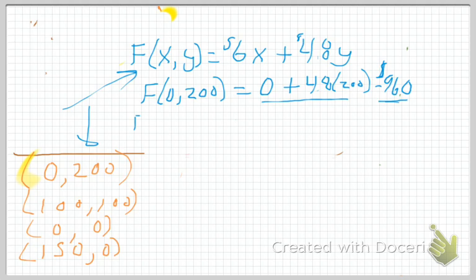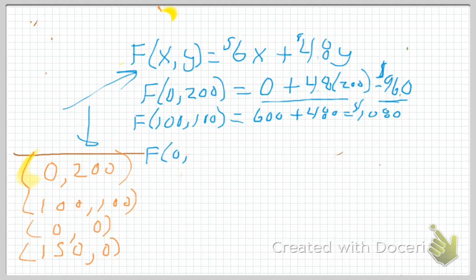The next one's going to be f of 100, 100. Of course, if I plug in here, this is going to give me 600 plus 480, which is going to equal 1080. That's profit number 2. Next one's going to be f of 0, 0.